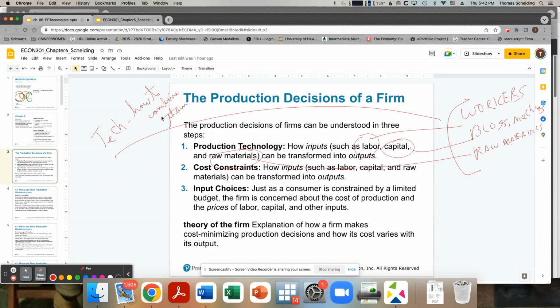And so essentially we can say that the theory of the firm is thinking about what production level we need, how much do we need to produce, and then looking at how to produce that amount in a cost efficient way.